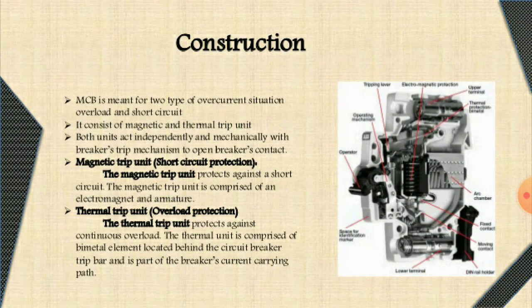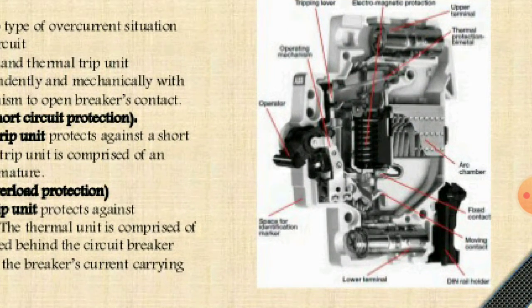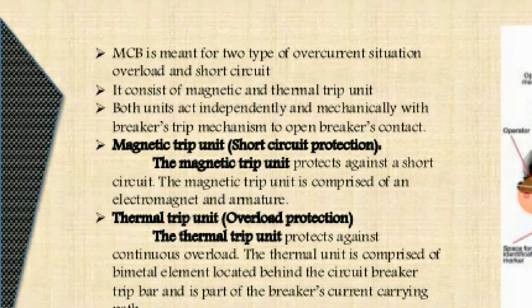So this is the construction we have over here. Inside that MCB, this will be the construction. In that construction, we are having two circuits over here. One circuit is called a magnetic circuit and the other circuit is called a thermal circuit. This magnetic circuit is used to provide protection against short circuit, so if a short circuit occurs, this magnetic circuit trips that fault current from the healthy circuit.